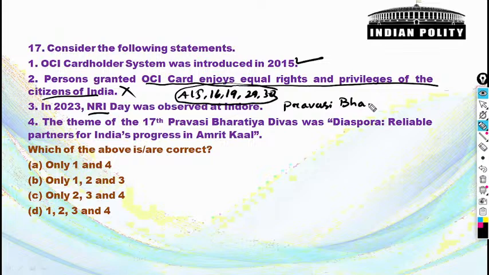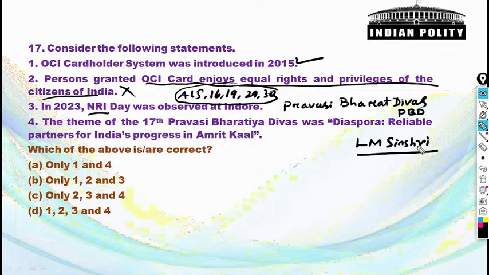It was usually held annually, but since 2015 this day has been observed biennially. So Pravasi Bharatiya Divas, which we call PBD, was recommended by the LM Singhvi Committee on the Indian Diaspora, and it was first observed in 2003 in New Delhi. Then it was held continuously on an annual basis, but since 2015 it is a biennial function.